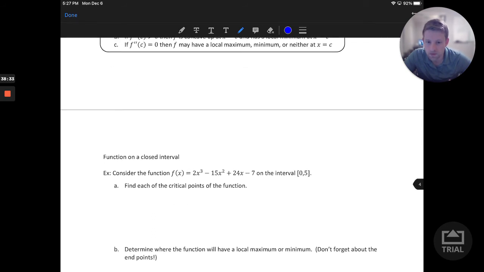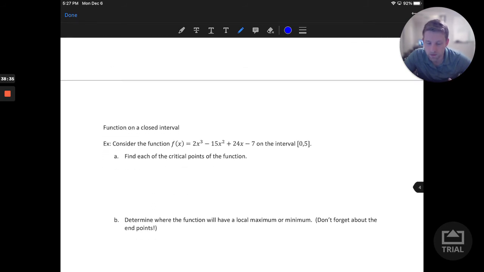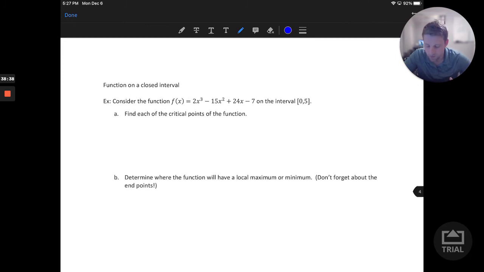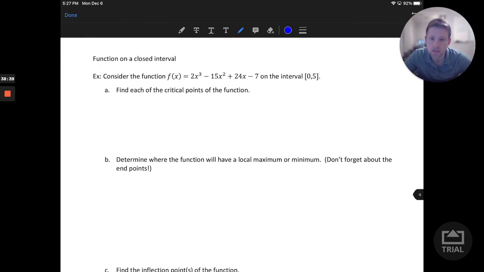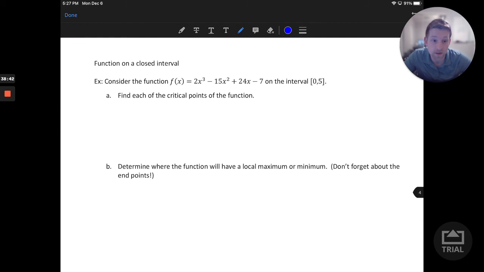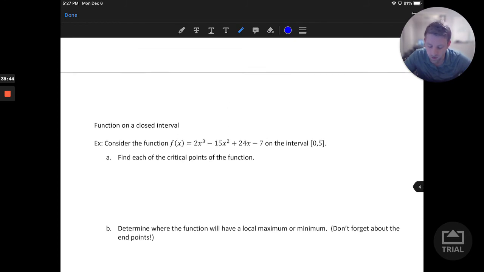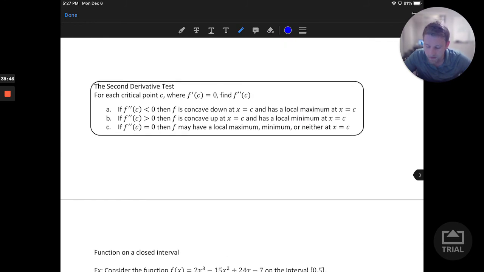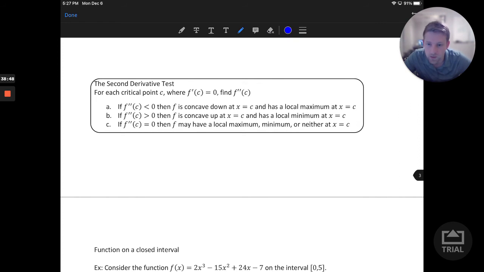So let's consider a function on a closed interval. And I think in this case, since we have a power function, let's go ahead and consider using a second derivative test the whole way through. And again, I'll try to reference our definition a little bit later on as we go through. But again, we're going to be testing these critical points into a second derivative function instead and considering its concavity.